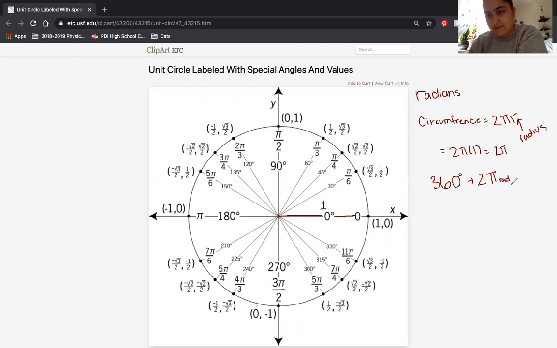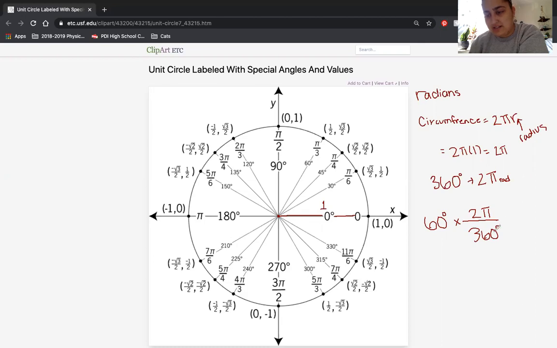If I want to see what 60 degrees is in radians, I'm going to set up my conversion like this. So 60 degrees times 2 pi over 360.